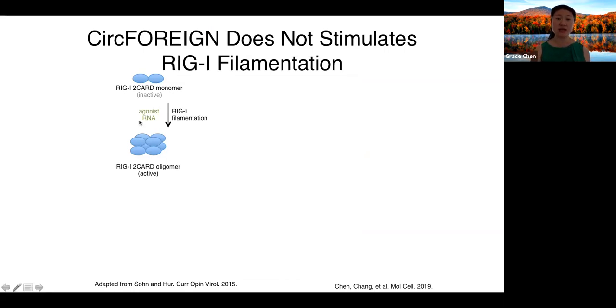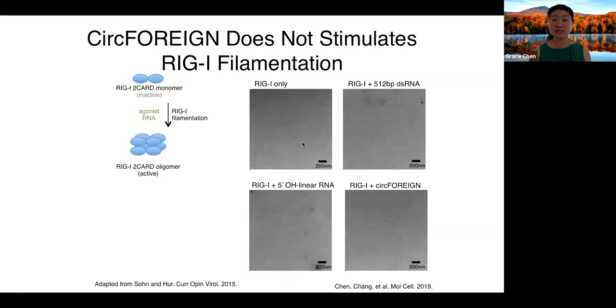So first we asked, is circular RNA as an agonist RNA enough by itself to trigger RIG-I activation or filamentation? These are EM microscopy images where these faint white lines show the RIG-I filaments that are being formed. If you can see the filaments, that means that the agonist RNA is sufficient to activate RIG-I. In the negative control with RIG-I only, we don't see the filaments.